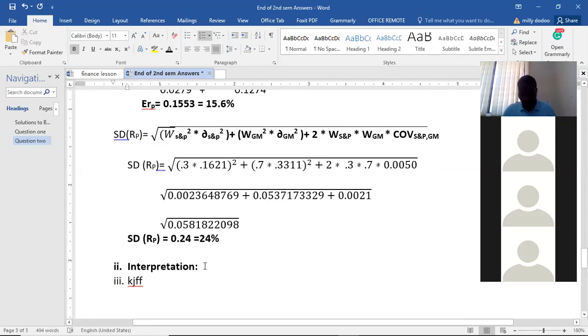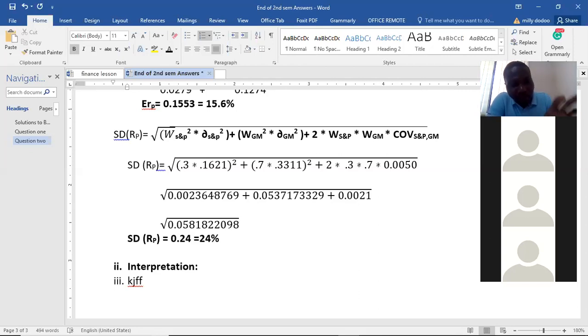They must compare 24 to 15. I'm confused. The standard deviation of 24% is telling us that the chances of not achieving the expected return of 15.6 is 24. You don't understand.